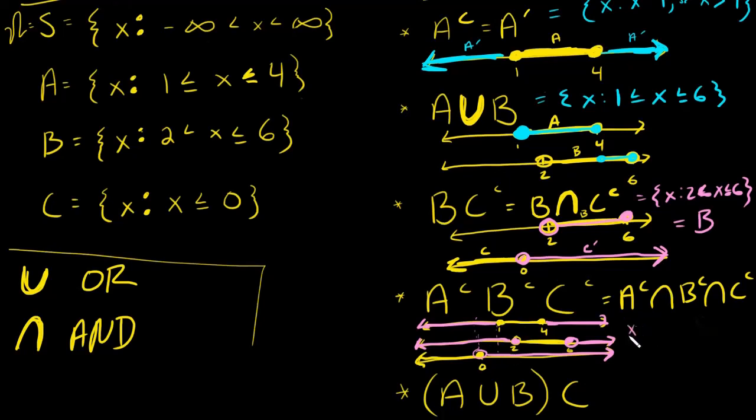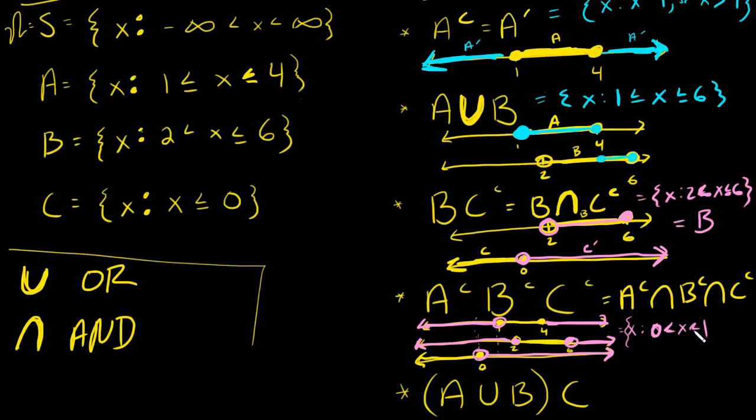So my answer is X such that X is between 0 and 1. I do not include 1 because it's the complement of A, and A includes 1. I do not include 0 because it's the complement of C, and C includes 0.